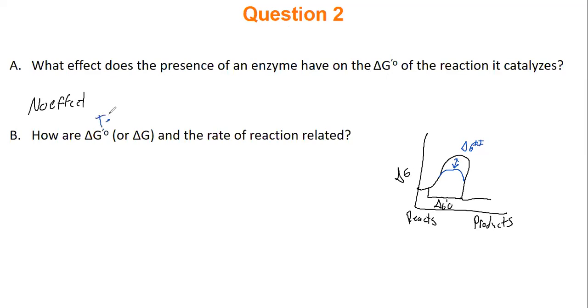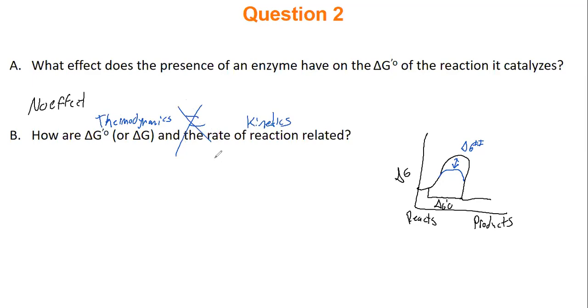And this is thermodynamics, the energy of reactions. The rate of a reaction is called kinetics. How fast are you going? They have nothing to do with each other. If you know the delta G of a reaction, you cannot tell me how fast it goes.